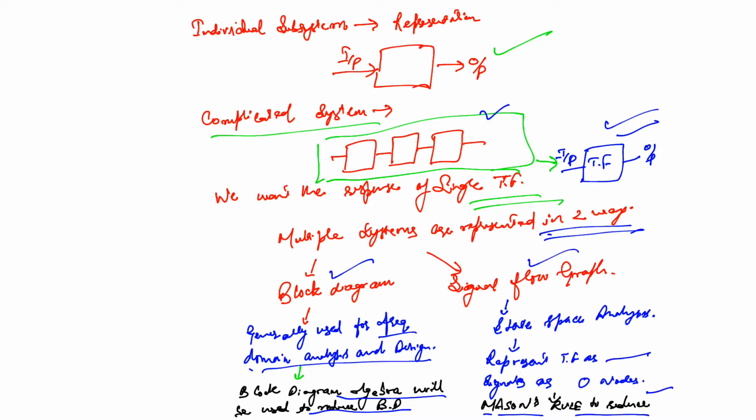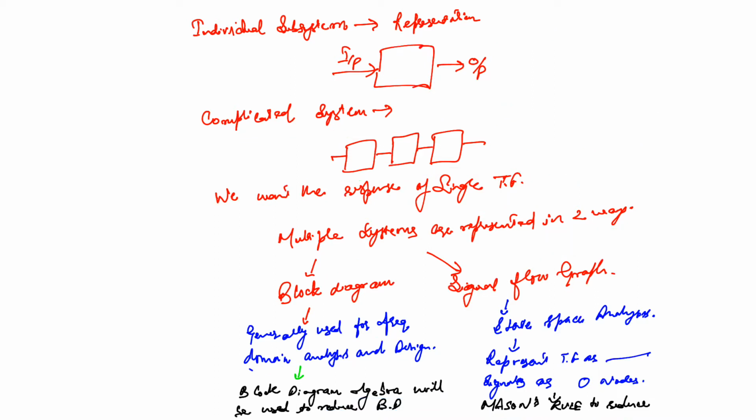Now in case of block diagram, we will have this input, output and the transfer function. However, the transfer function in case of the signal flow graph is represented by a line and signals are represented by the nodes.